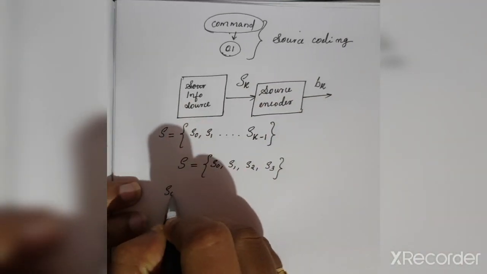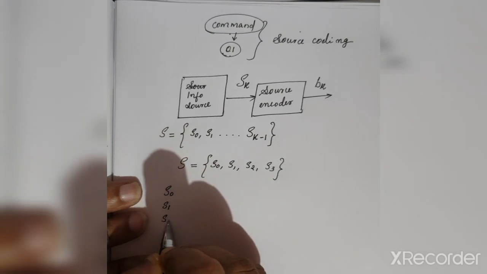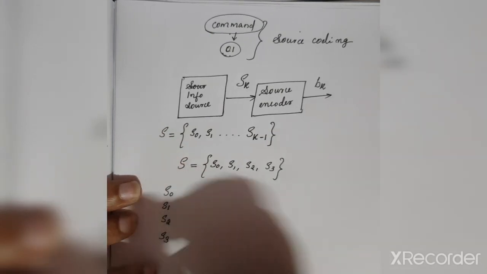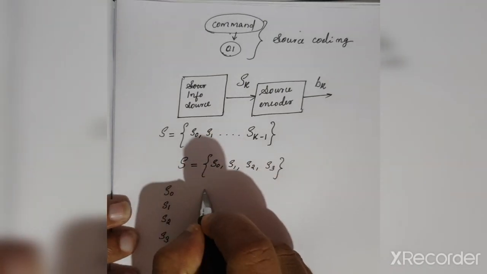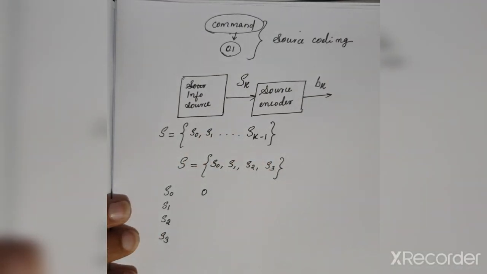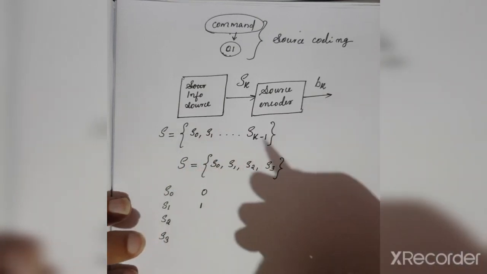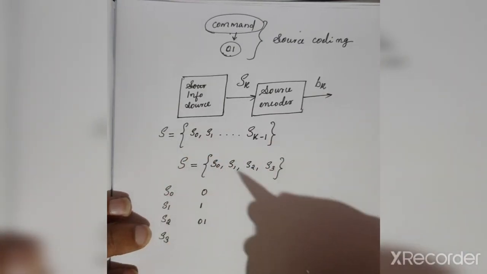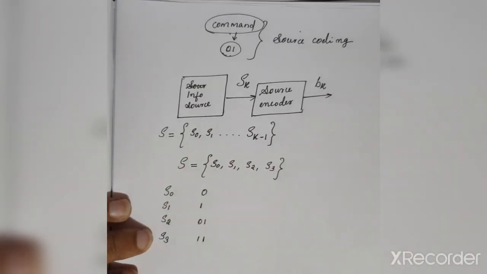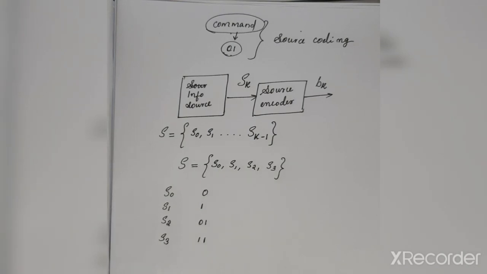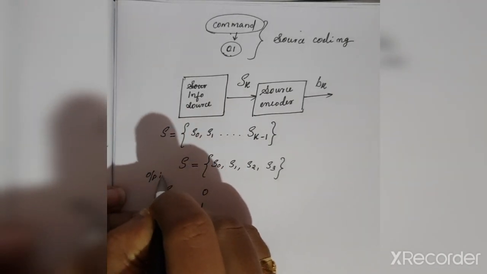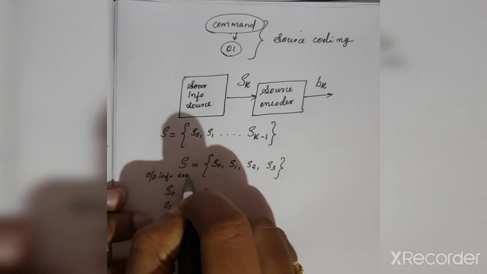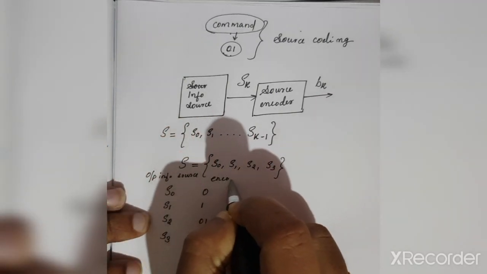For S0 the binary representation is 0, for S1 it is 1, for S2 it is 0 1, and for S3 it is 1 1. So this is the output from the information source, and this is the output of your encoder.